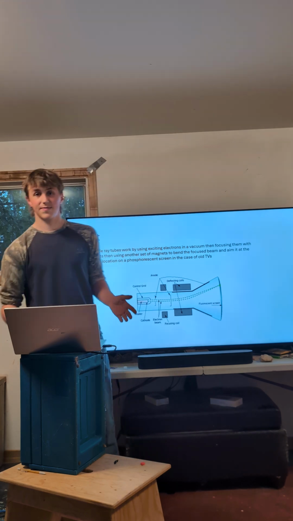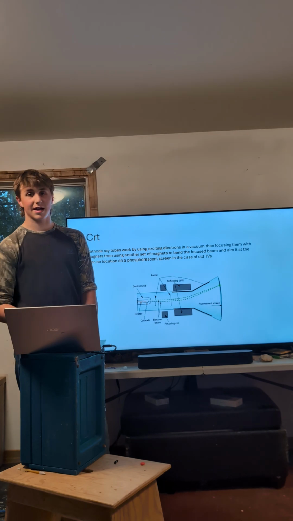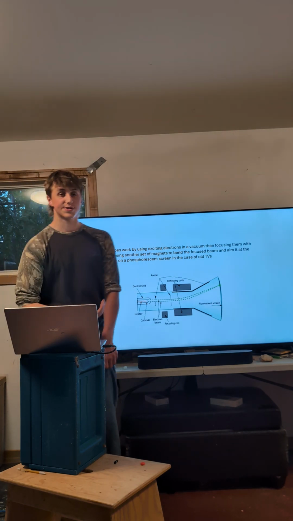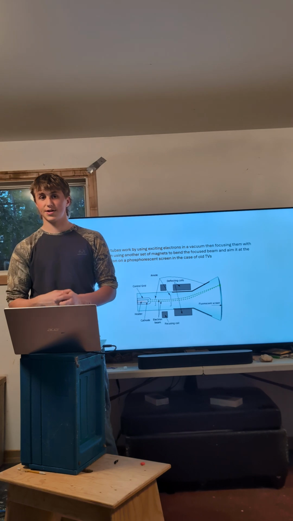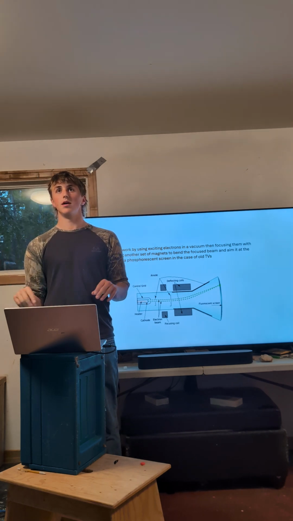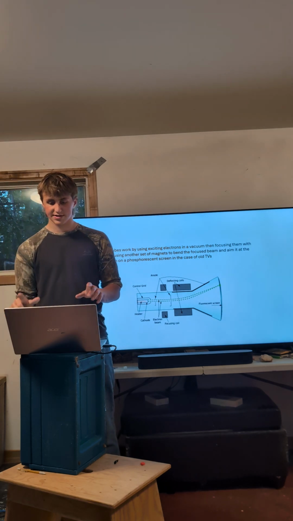So now these are the explanations for all of the devices. So a cathode ray tube, or abbreviated CRT, works by charging electrons with a heater within a cathode within a vacuum lamp, basically. And then that vacuum lamp has a couple sets of magnets.